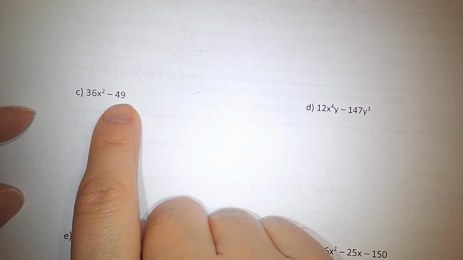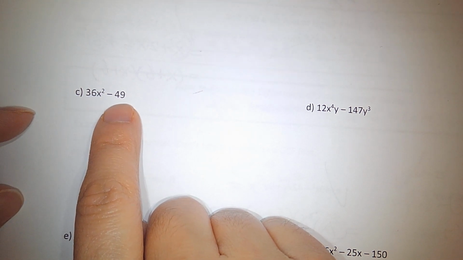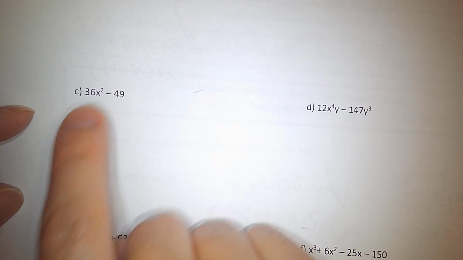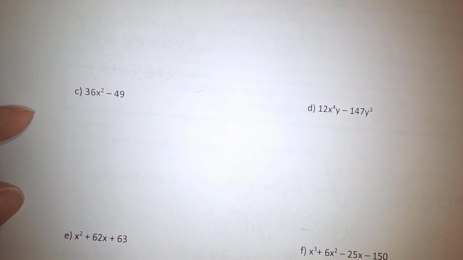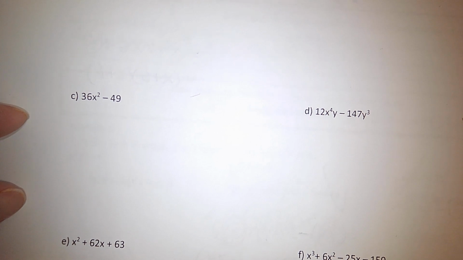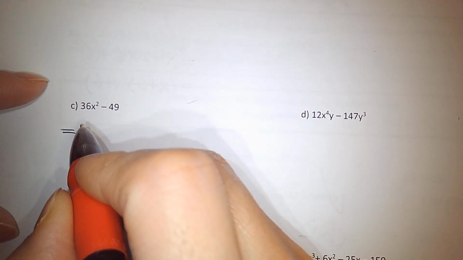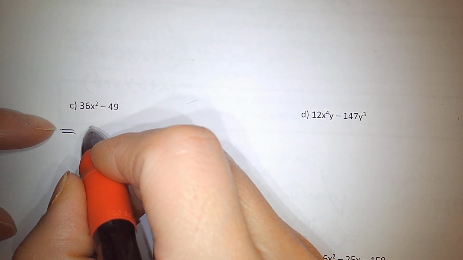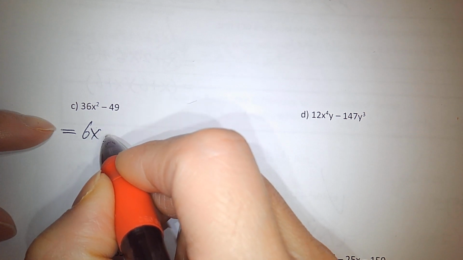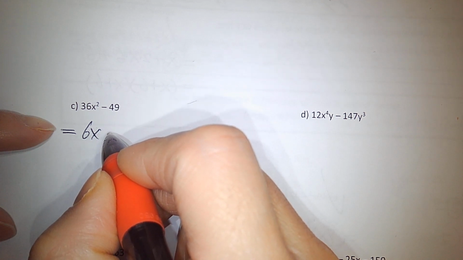Can you give it a try? What do you get, Jose? I got 6x squared minus 7.